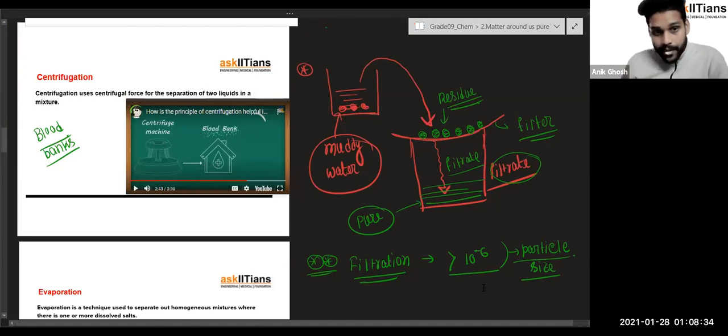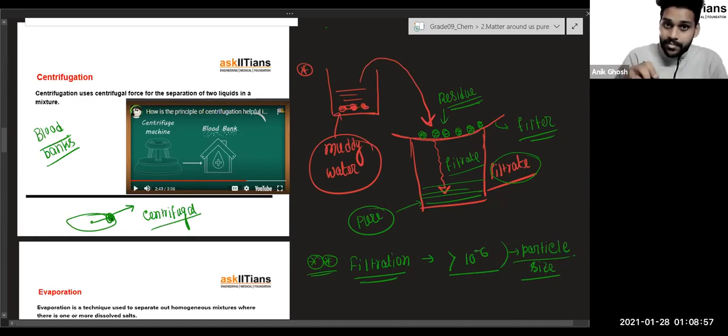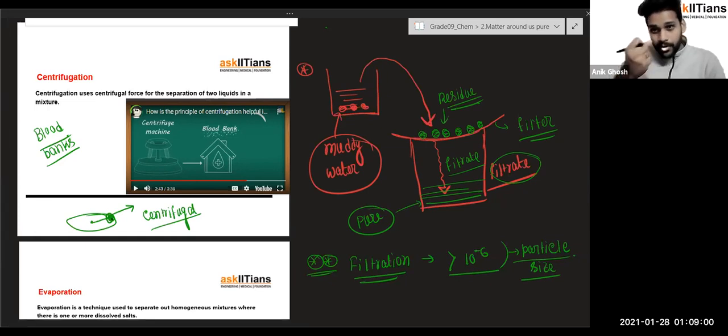So when you're trying to spin something, there is a force acting. Another force is not letting this particle go out of the system, it is just dragging that particle in.